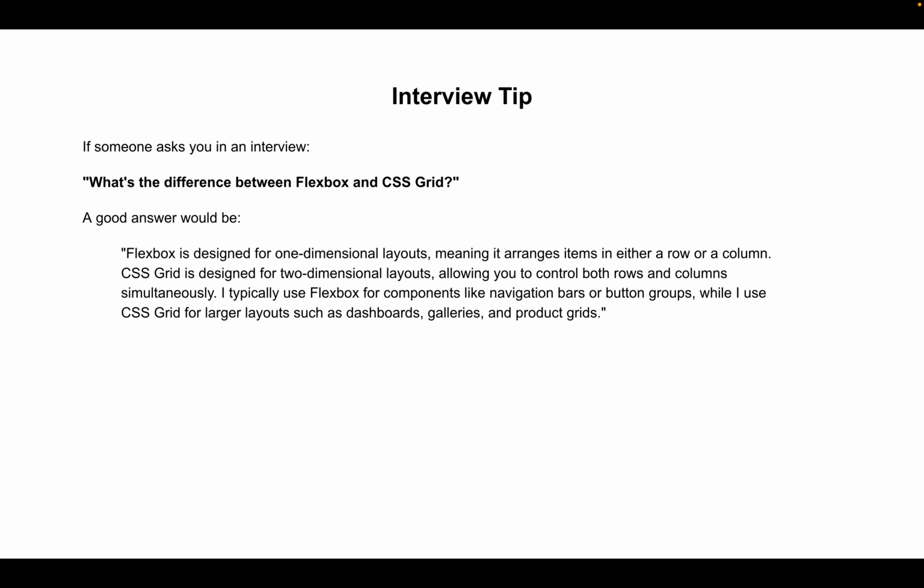CSS Grid is designed for two-dimensional layout, allowing you to control both rows and columns together. I typically use Flexbox for components like a navigation bar or button group, while I use CSS Grid for larger layouts such as dashboards, galleries, and product grids.